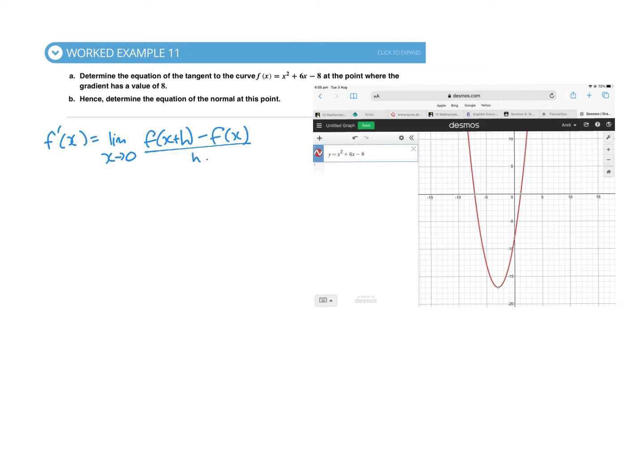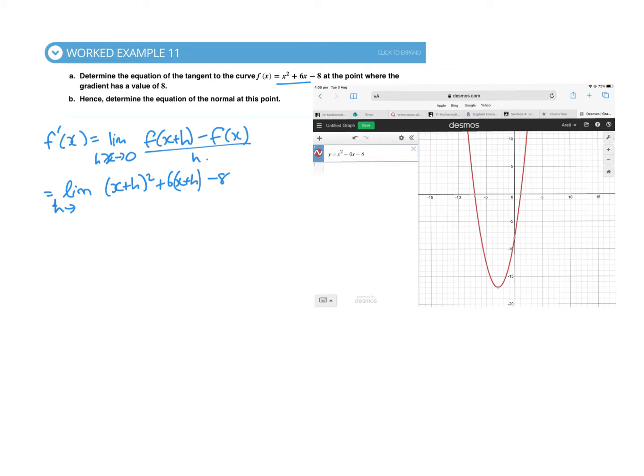And so what we do here, it means it's the limit as h approaches 0, my bad. And what we're going to do is take the function, and the first part is x squared. So we're going to write x plus h all squared plus x plus h times 6 minus 8.